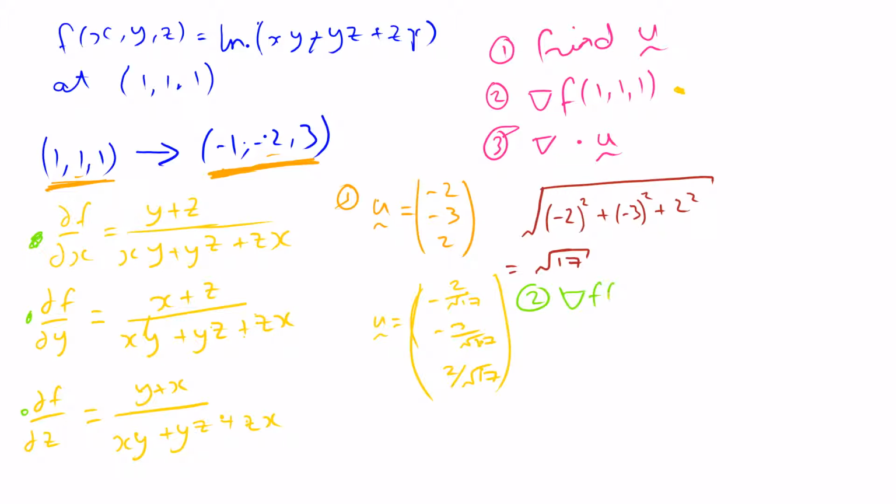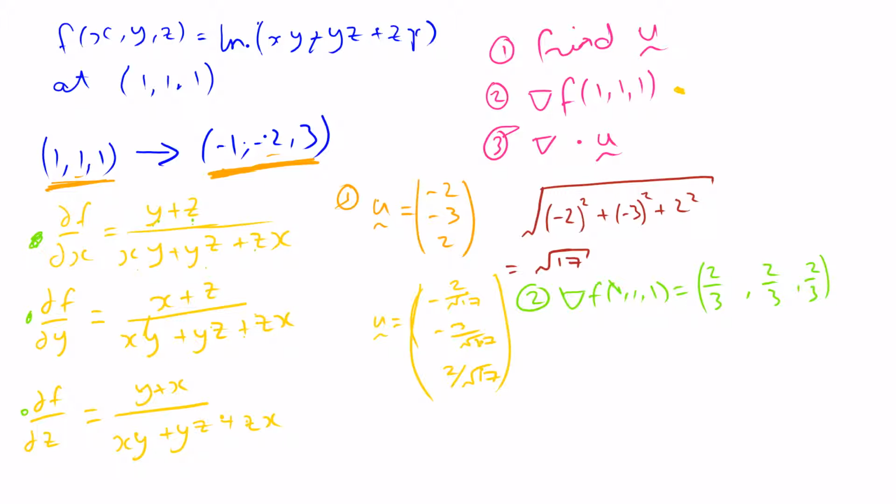So the gradient of f at 1, 1, 1 is equal to 2/3, 2/3, 2/3. And this makes sense because we have two variables added together in the numerator and the sum of the variables multiplied together in the denominator, and as all the variables are 1, that gives us 1 plus 1 equals 2, and then 1 plus 1 plus 1 is 3. So they're all going to be 2/3.